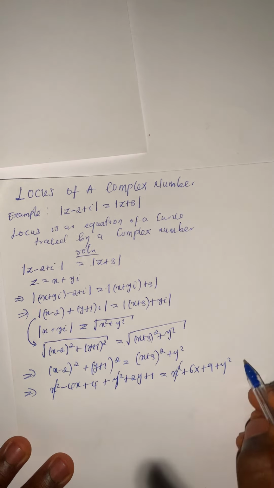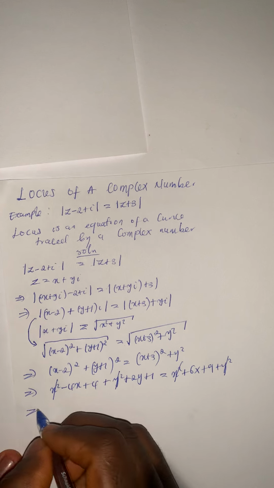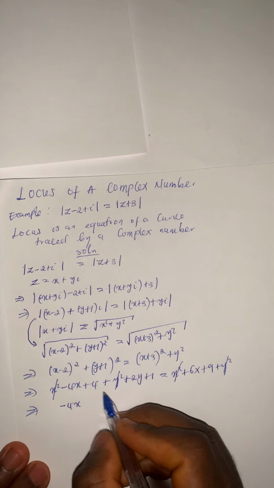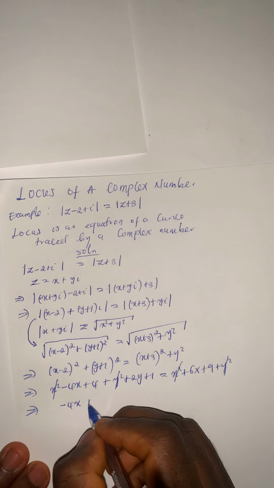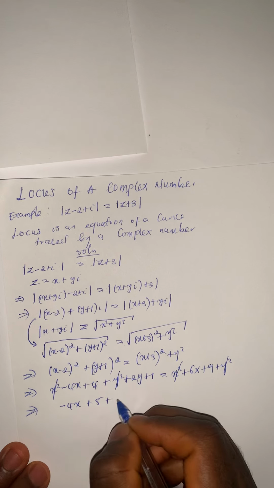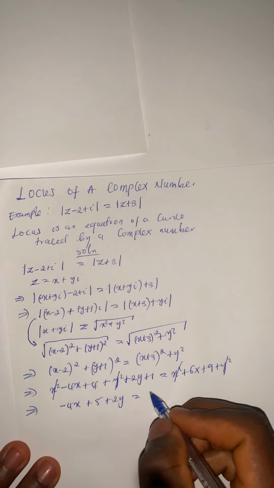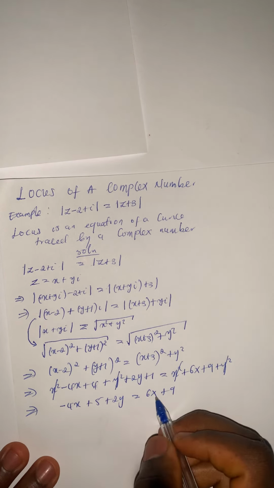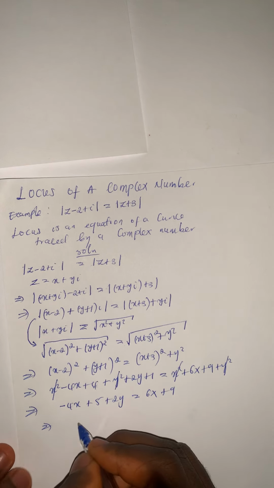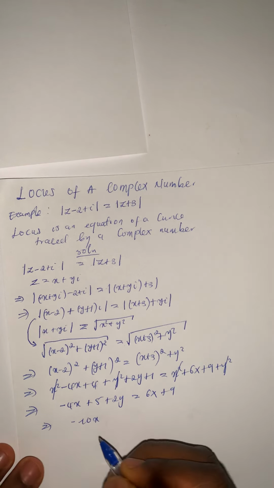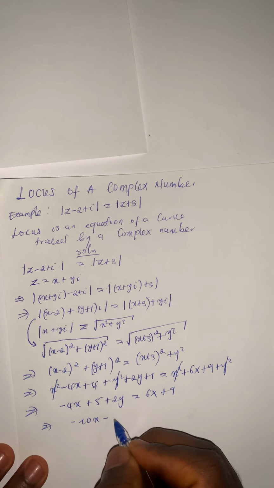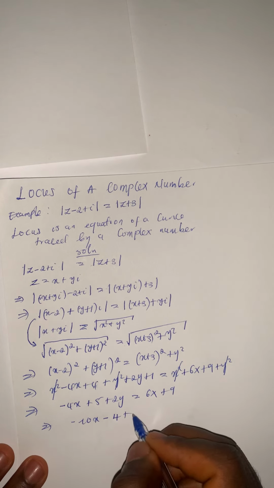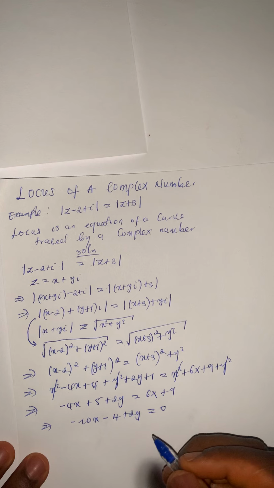We now have on the left hand side negative 4x plus 4 plus 1, which is 5, plus 2y to be equal to 6x plus 9. We now bring this over, and we get negative 10x minus 4 plus 2y to be equal to 0.